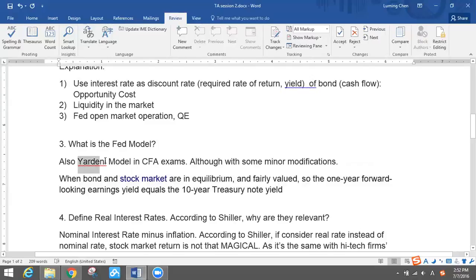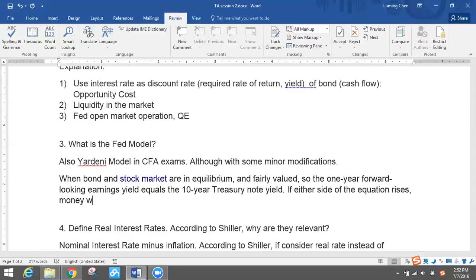Because Yardeni thinks that if either side of the equation rises, money will flow into that market and the return will drop.